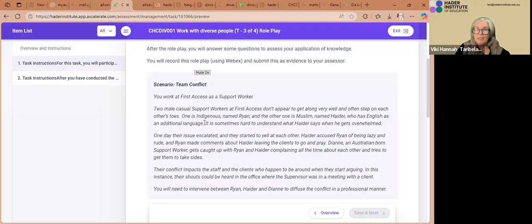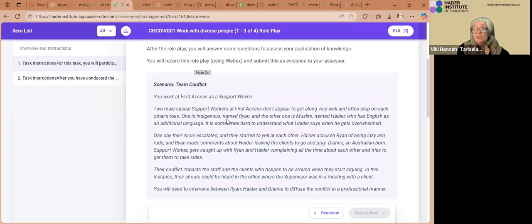With Ryan, his is First Nation or Torres Strait Islander, so that term there is Indigenous. Then there's some other layers to that. Hader has English as an additional language, and it is sometimes hard to understand what Hader says when he gets overwhelmed.